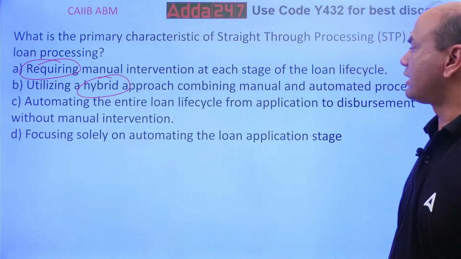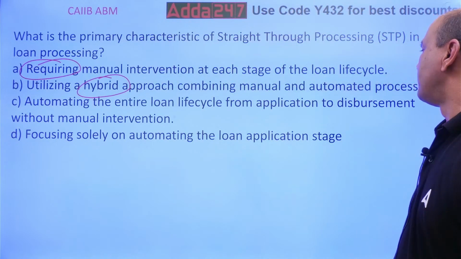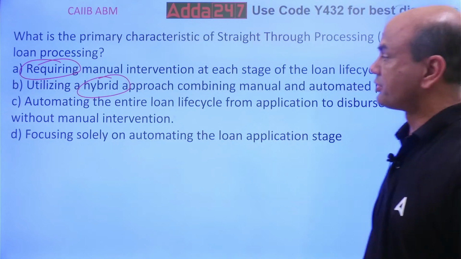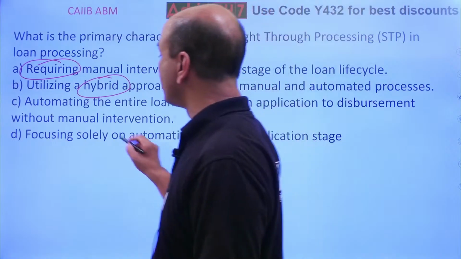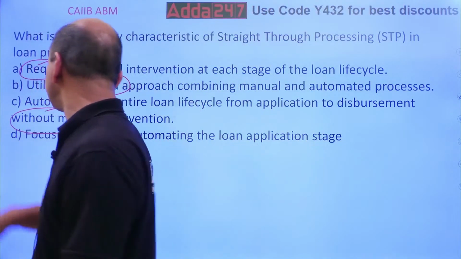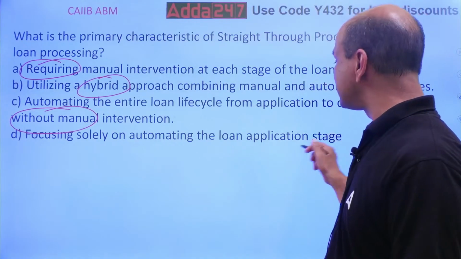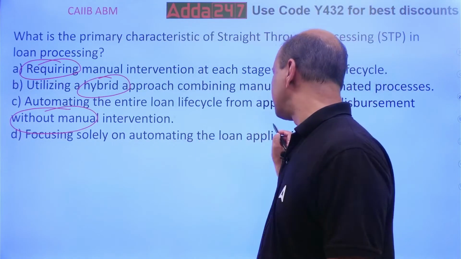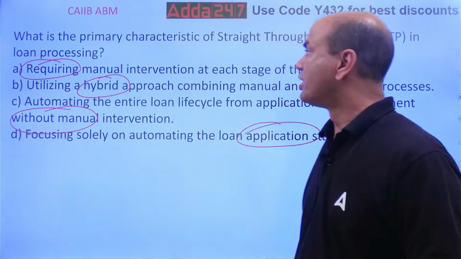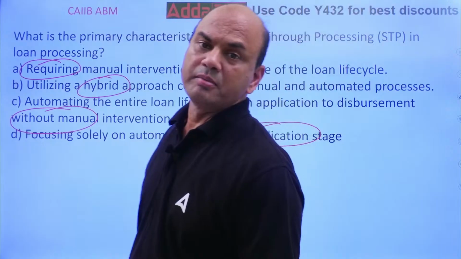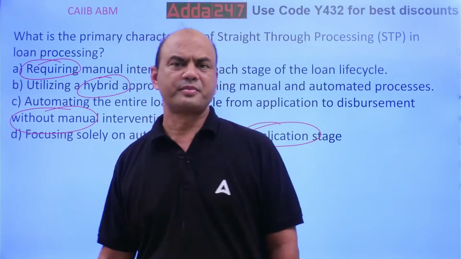Automating the entire loan life cycle from application to disbursement without manual intervention. Automating completely without manual intervention. Focusing solely on automating the loan application stage. So, only automating the loan application. So, what is the main characteristic, or what is the main purpose of STP?